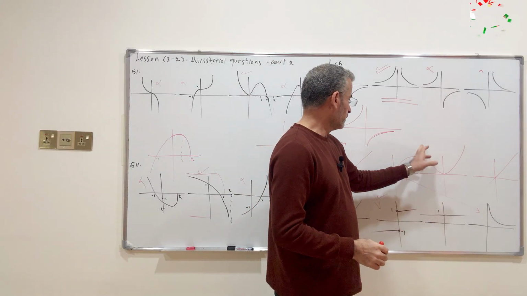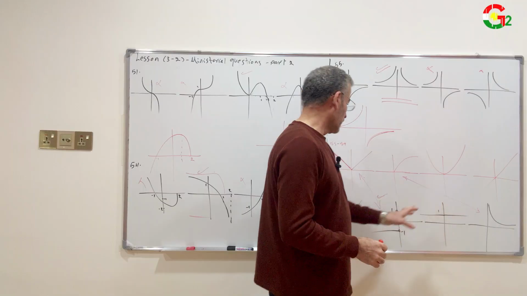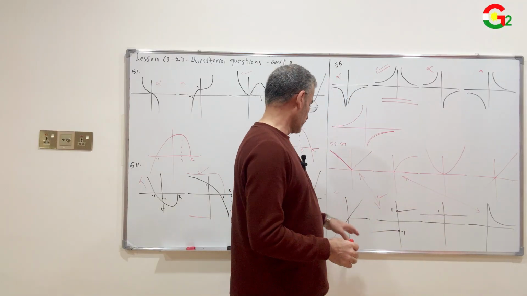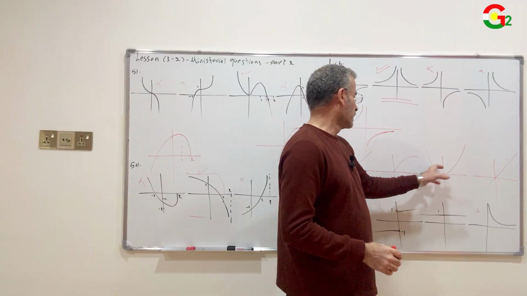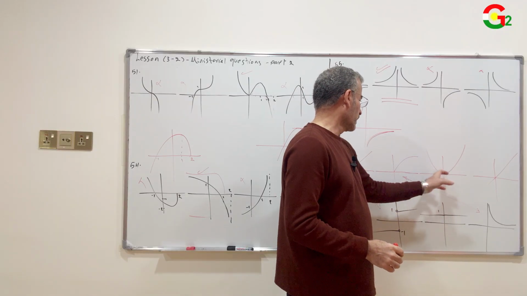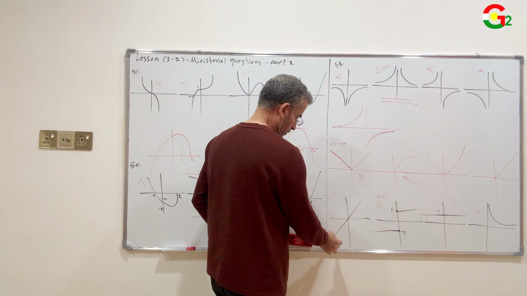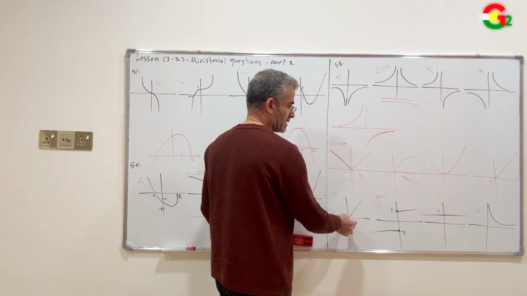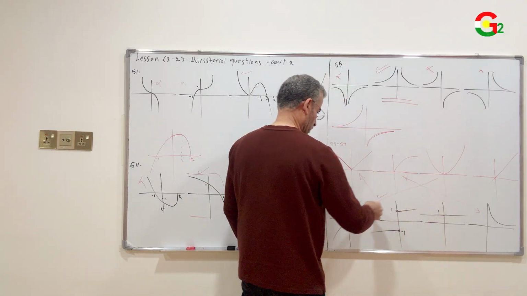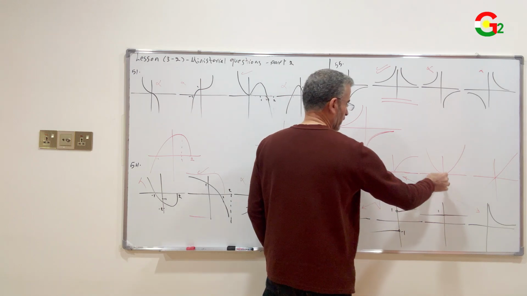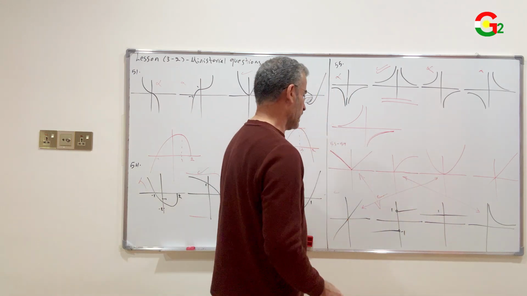The third graph, its domain is from negative infinity to positive infinity, this one or this one. It is decreasing from negative infinity to 0, so the graph should be under the x-axis, but here it is over the x-axis, so the derivative of this graph is A.